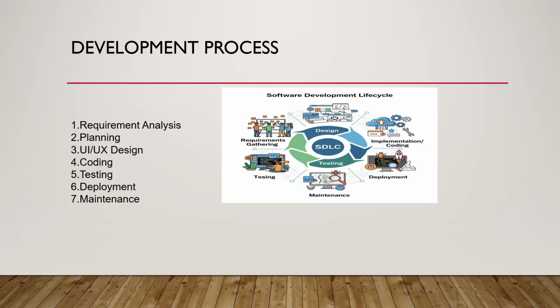Once the testing has been completed, we will deploy the application and we will maintain the application. So these are the seven stages of the development process. Once we are going to create an application, that application should satisfy all seven stages of the development process.